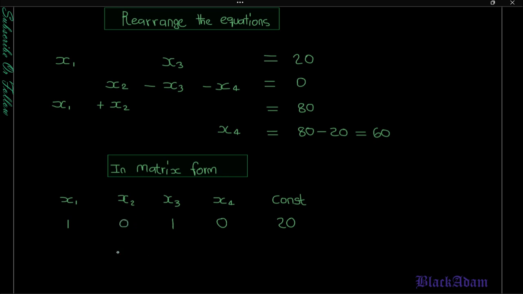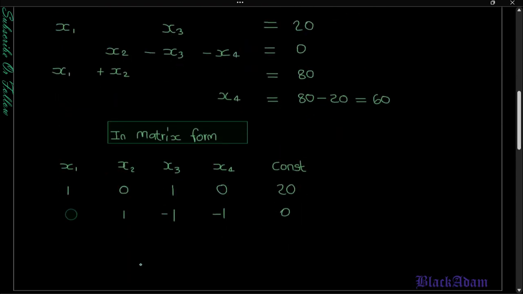And then the second row would be x2 as 1, and then -1 because we take out the x's, and that will be -1 also, and that gives us 0. The remaining portion there would be 0.